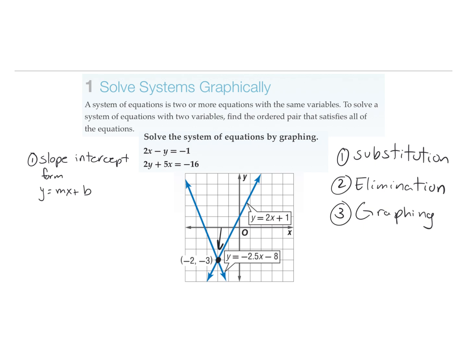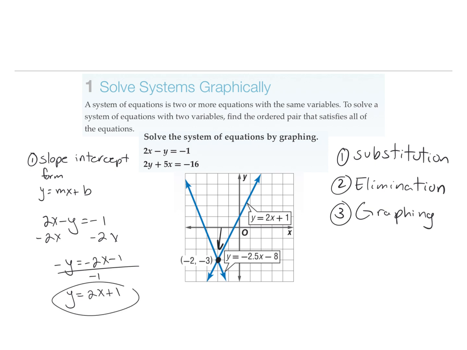So if we wanted to put 2x minus y equals -1 into slope-intercept form, I would start by subtracting the 2x on both sides. That's going to give me -y equals -2x minus 1. Then I'll divide by -1, and I'll get y equals 2x plus 1. So that is how you would graph that.